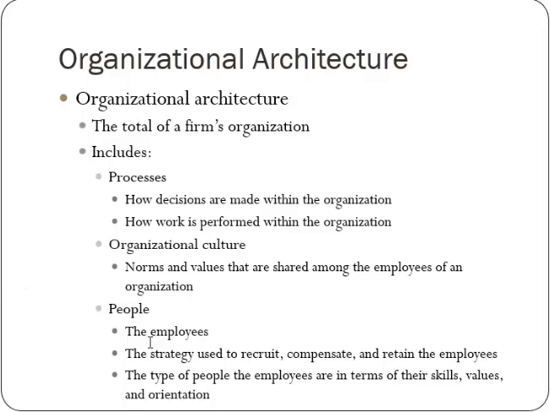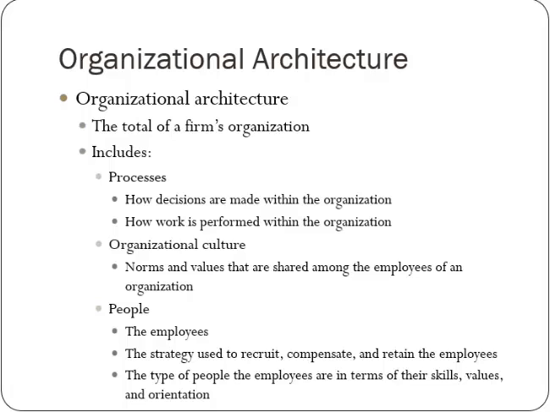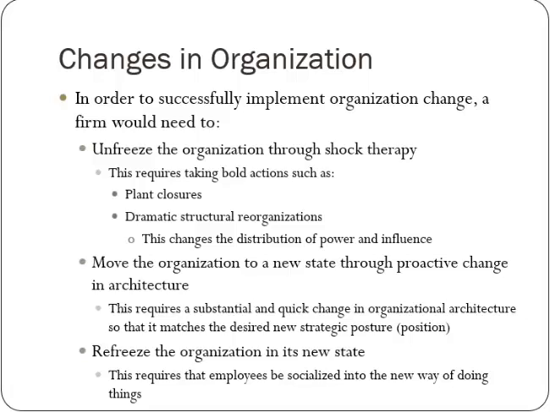The people are the employees, the human resources, and also the strategy used to compensate, retain, and recruit new people to work for your organization, and the types of people that you get in terms of their skills, values, and generally how they view the company, how they view the world, how they view the business. This is all part of the organizational architecture.